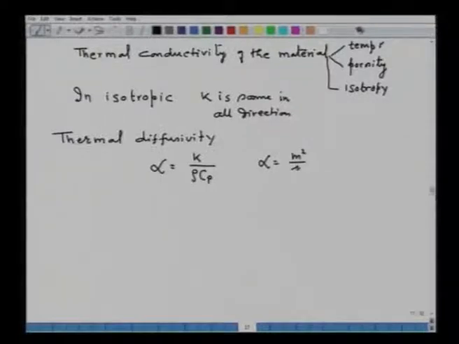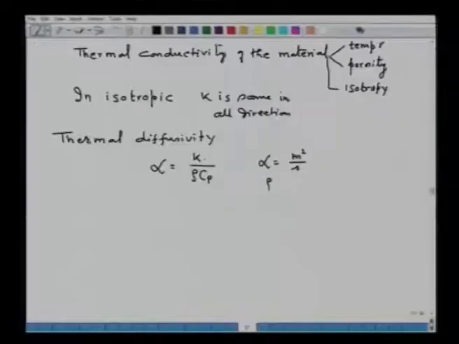So, the thermal diffusivity signifies the diffusion of heat into the system, where K is again thermal conductivity, rho is the density, and Cp is the specific heat of the material.